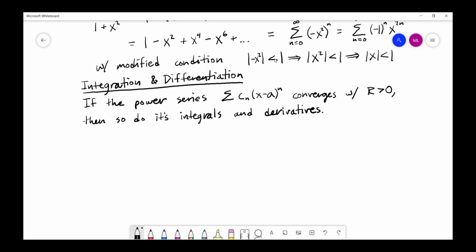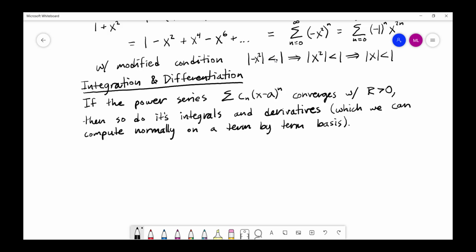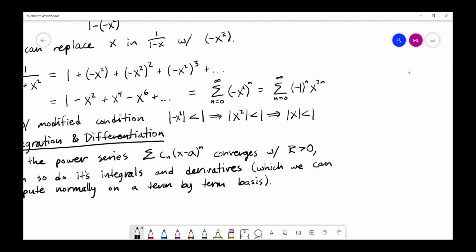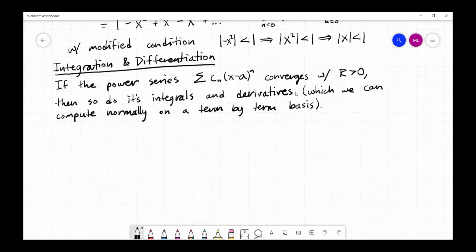So this is sort of the long and the short of it. And we can take these, again, normally, which we can compute normally on a term-by-term basis. Or if we're careful, we can compute on sort of the generic representation that looks something like this. We just always have to be very careful with the indexing and what that means.